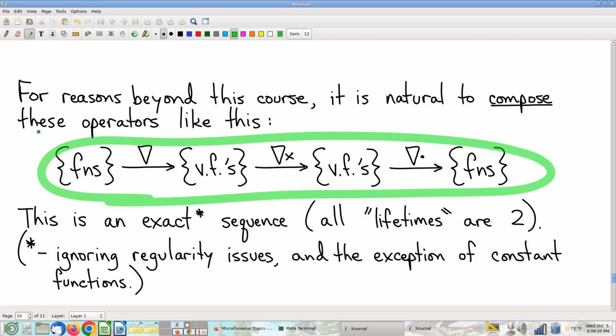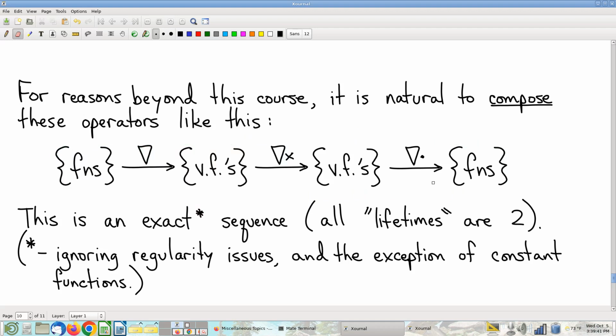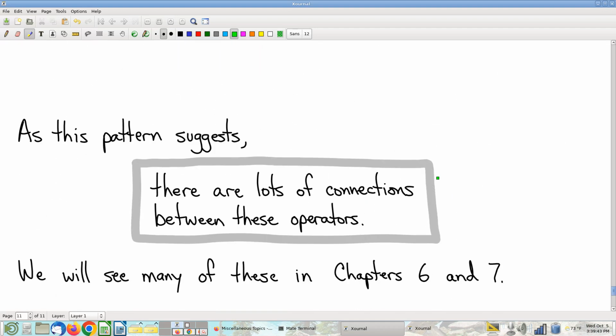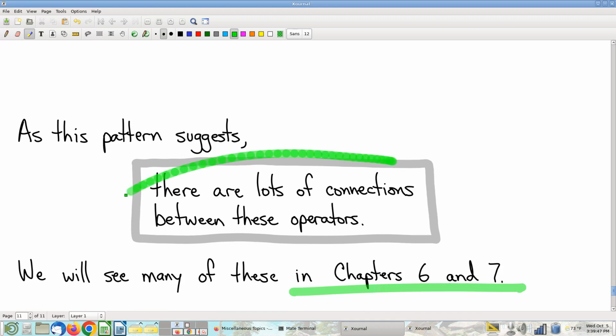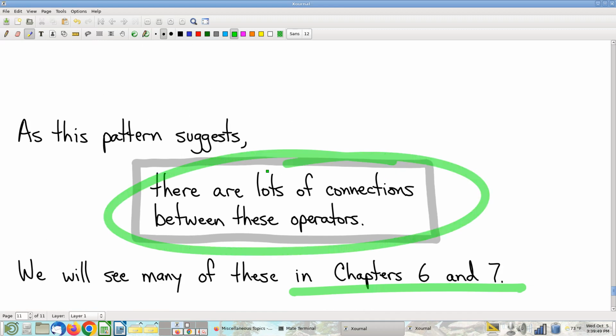So maybe this is a natural thing to do, not just an arbitrary thing to do. We're going to see a lot more about that in chapters 6 and 7. Until then, let me just wave my hands a little bit and say, get ready to see a lot of relationships and connections and analogies, etc., between these operators.